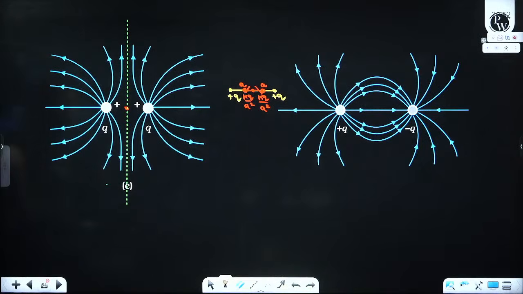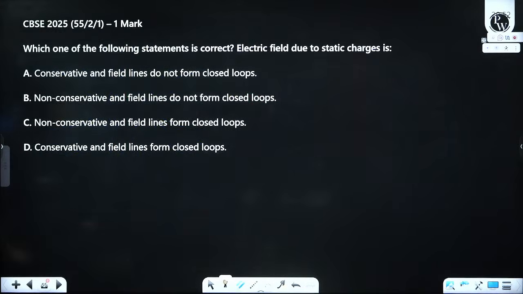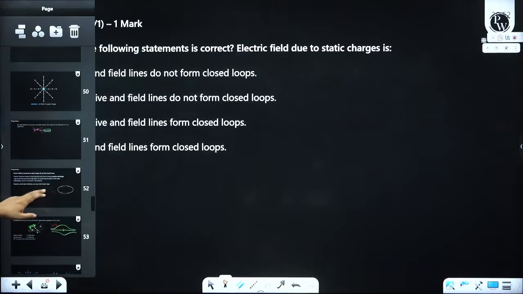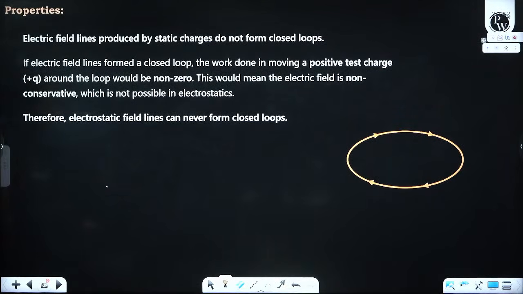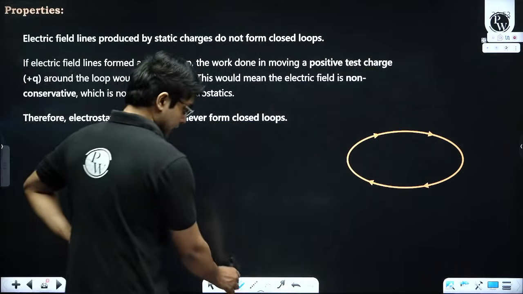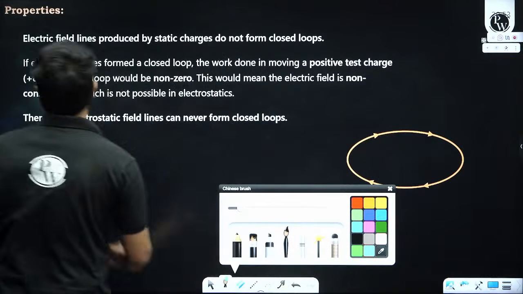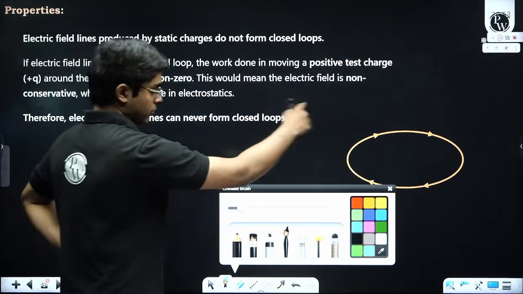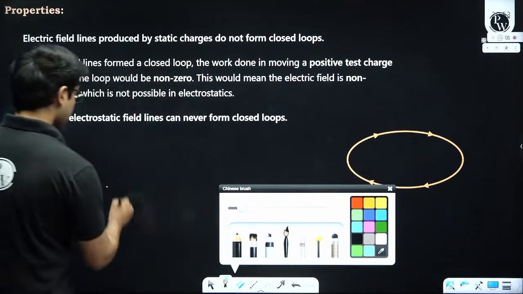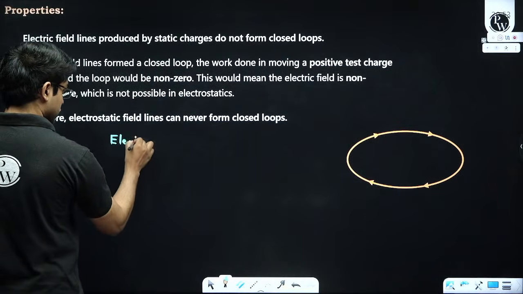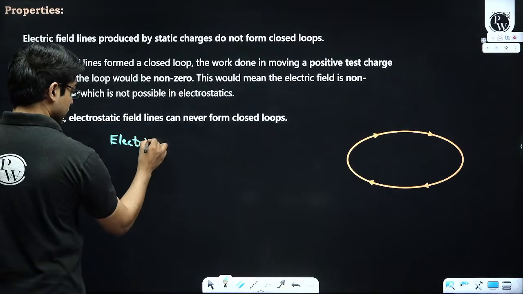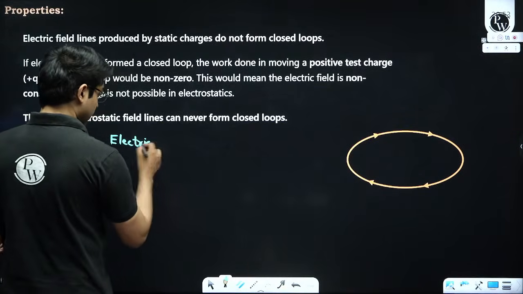All right. So now, oh yeah. So there was this one more point, which is electric field lines, right? Electrostatic field lines. They never form closed loops. Okay, because the electric field is something known as a conservative field, like the gravitational field. So this is something that we cover in work power energy.